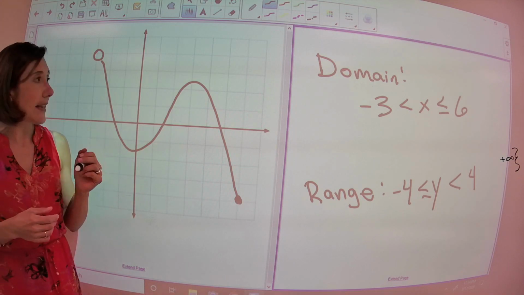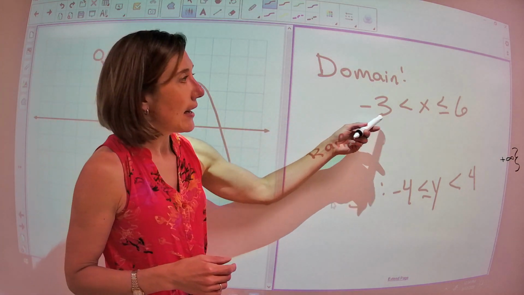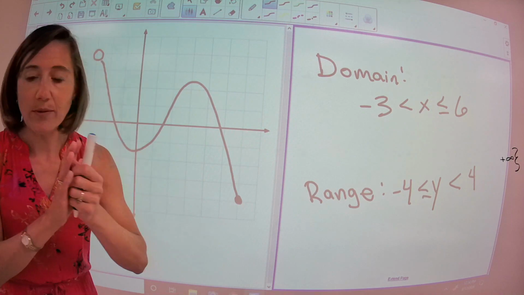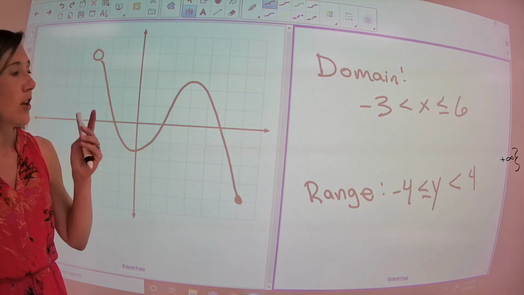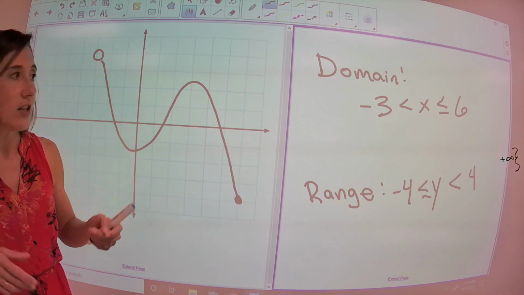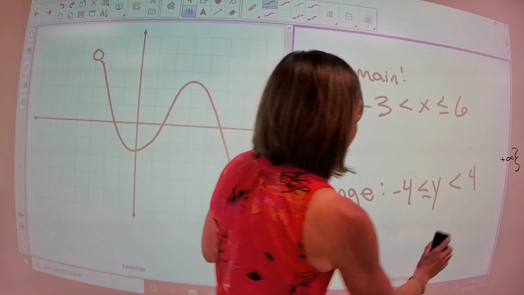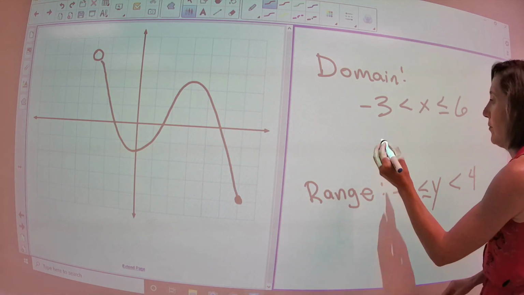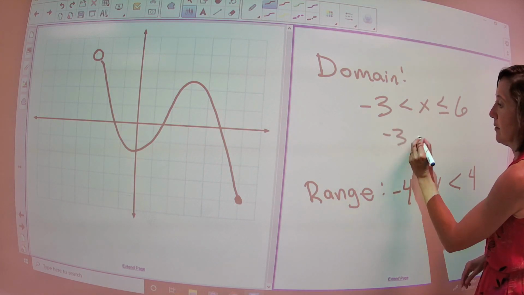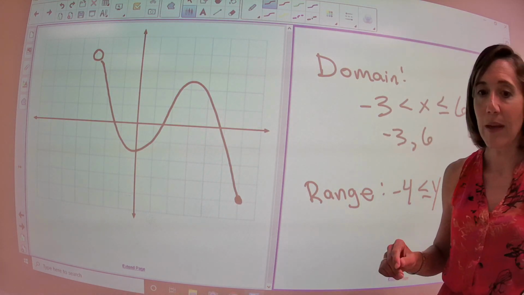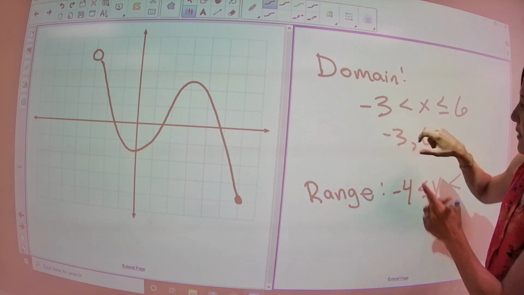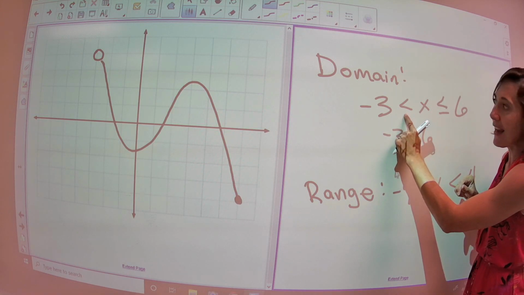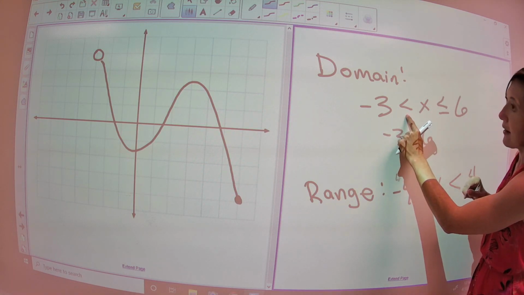Okay, now on this example, our domain was -3 to +6. That was how far to the left and how far to the right we moved. And so when I'm looking at that, I want to change it into interval notation. So it's going to be -3 to 6. On the -3 end of things, do you see how there's no line under it? It can't actually equal -3.